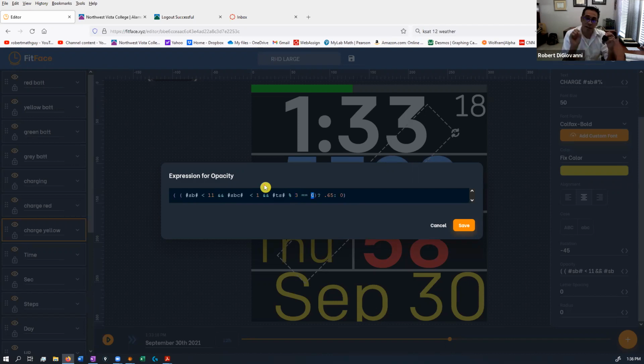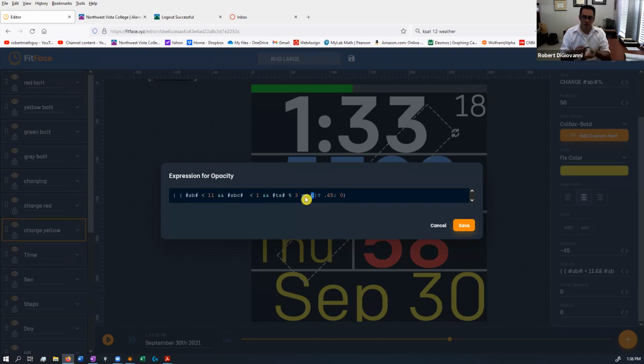It'll take 18 seconds and mod it with 3, right? So what's 18 mod 3? 0, right? 18 mod 3 is 0 because it goes in 6 times with no remainder. This is checking if the time mod 3 is 0, flash. If it's not 0, then don't flash.